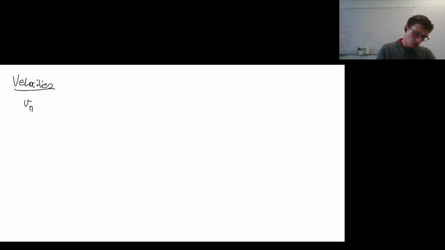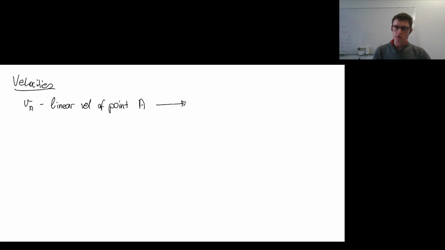Our notation will be as follows. When we write v_A, we denote the linear velocity of point capital A. And it usually needs a form of representation, so you can encode it.